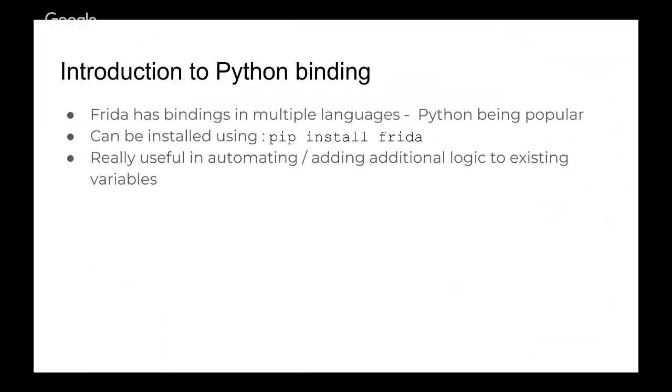That is where Python comes into the picture. Frida not only has Python bindings, it also has bindings in Node.js, Swift, and C. If you're targeting Python bindings, you can install them using pip install frida. This is really useful in automation or adding additional logic to existing variables or functions.